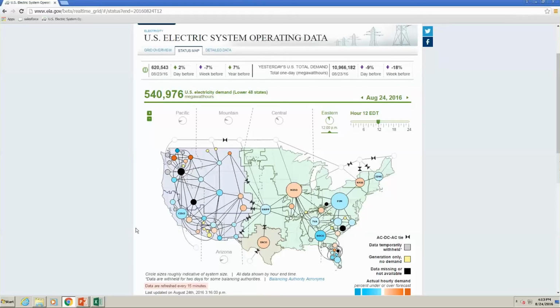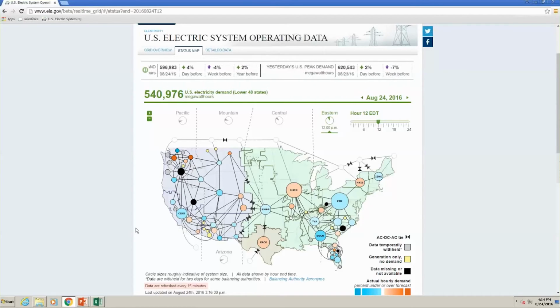Unfortunately, the nature of this information does not allow for us to present it on a state-by-state basis. The only state that is represented here is New York State, and that's because their electric system, their footprint, basically follows the contours of the state.